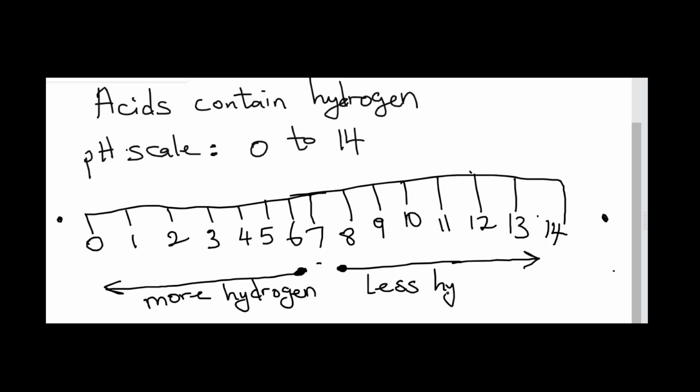Less hydrogen. Okay. Or you can say the higher the concentration of hydrogen, the lower the pH. The lower the concentration of hydrogen, the higher the pH. Okay.